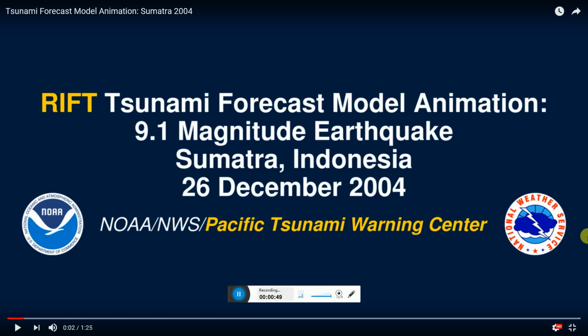As you might know, about 13 years ago, a massive earthquake, magnitude 9.3 on the Richter scale, or moment magnitude scale as it's now known, struck Indonesia, and the resulting tsunami killed more than 200,000 people.